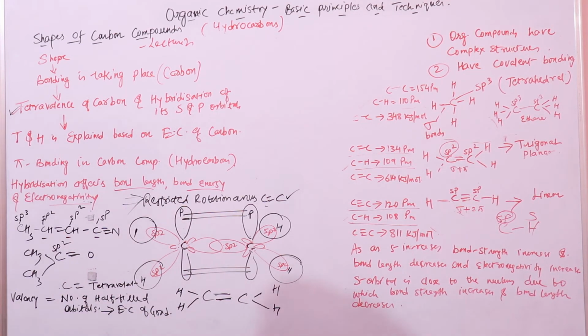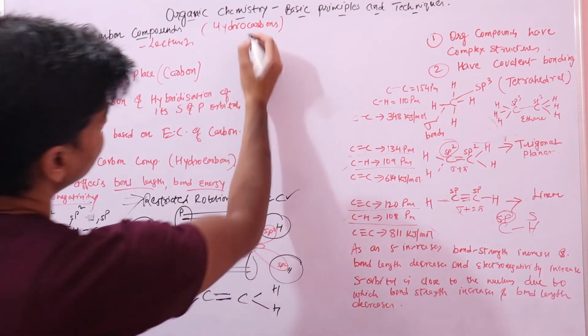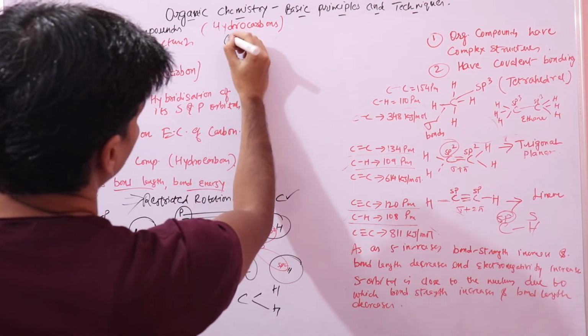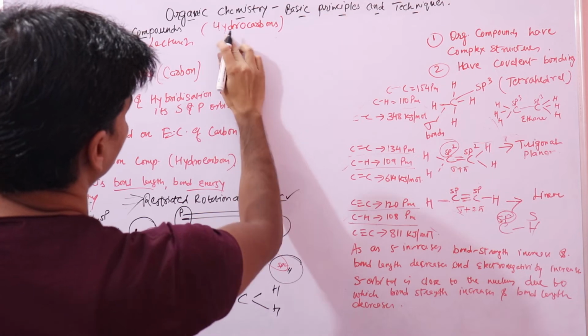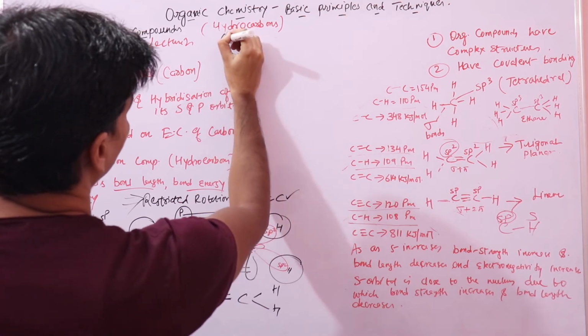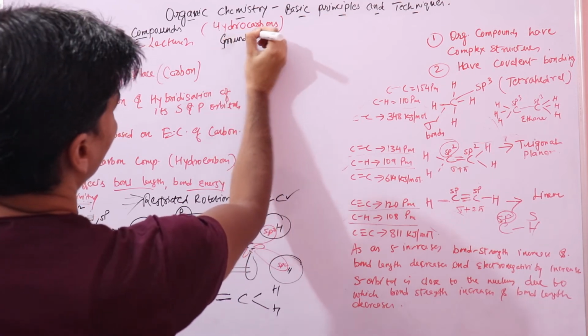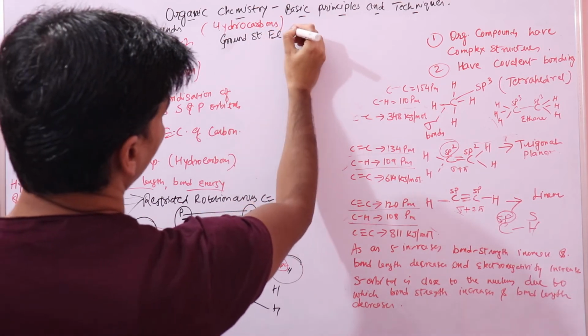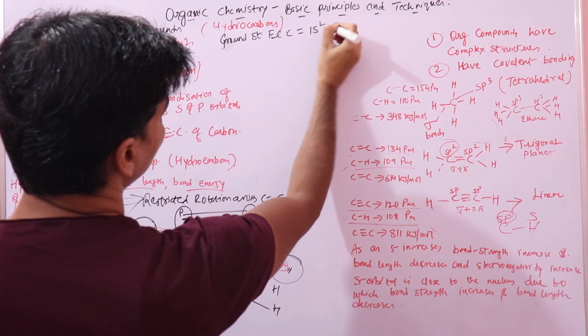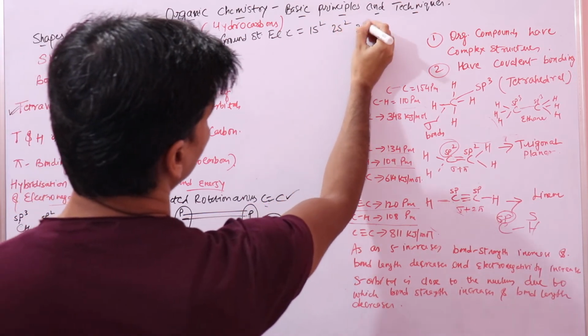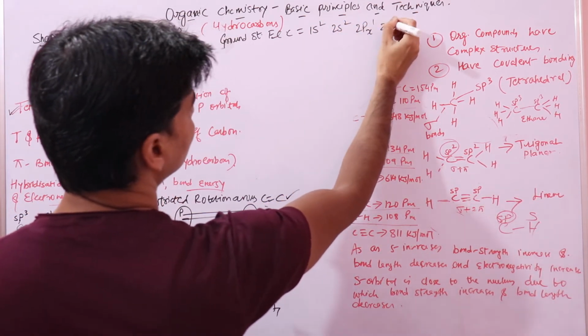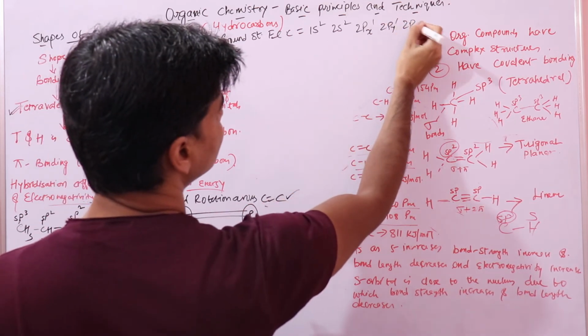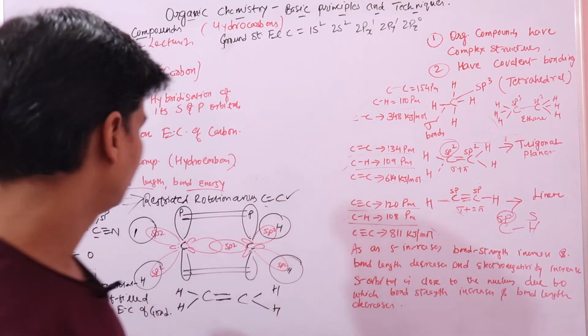The ground state electronic configuration of carbon is 1s2, 2s2, 2px1, 2py1 and 2pz0.